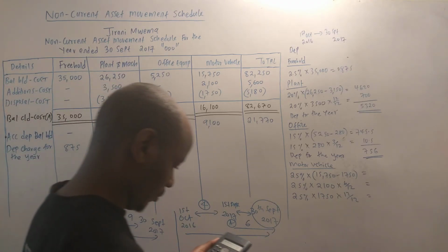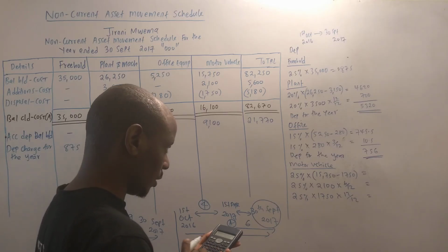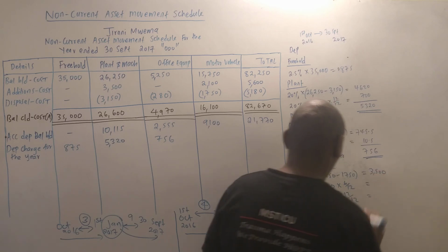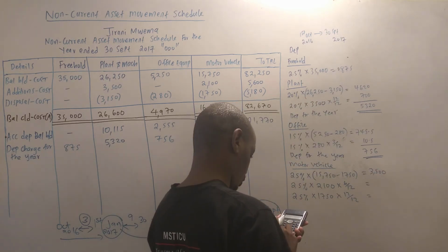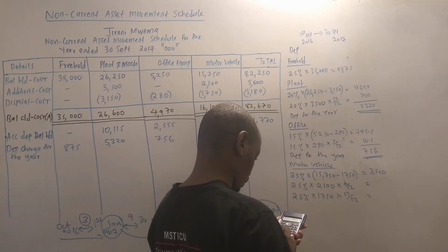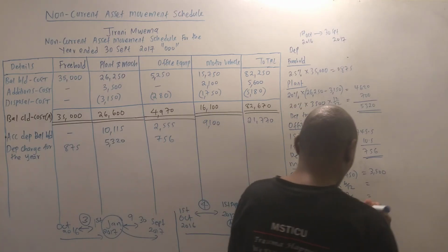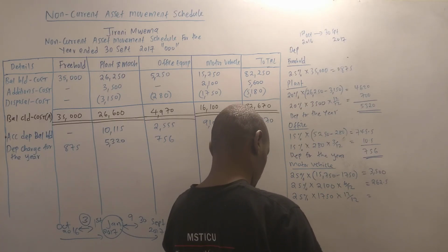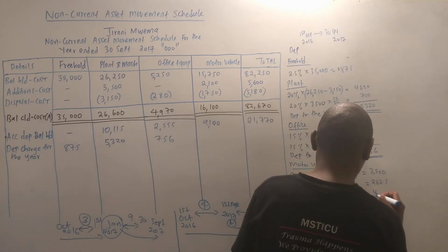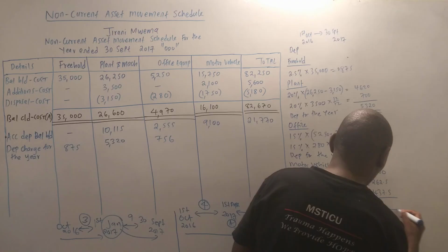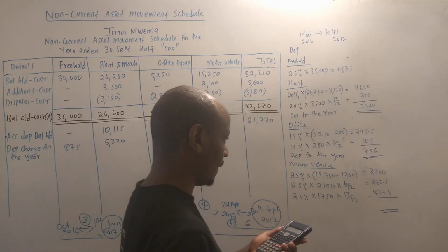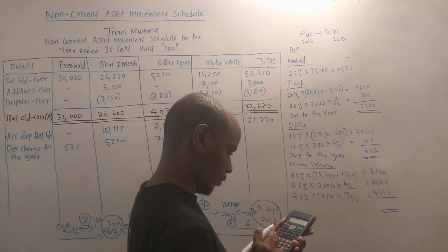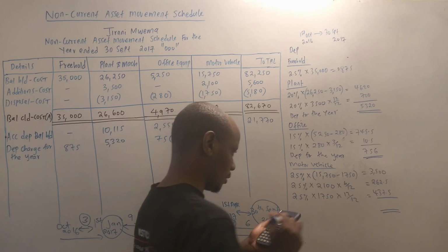Let us see. 15,750 minus 1750 times 0.25, then it is 3,500. 0.25 times 2100 times 6/12 is 262.5. Then 0.25 times 1750 is 437.5. That is how I get it. So 3,500 plus 262.5 plus 437.5, that is 4200.